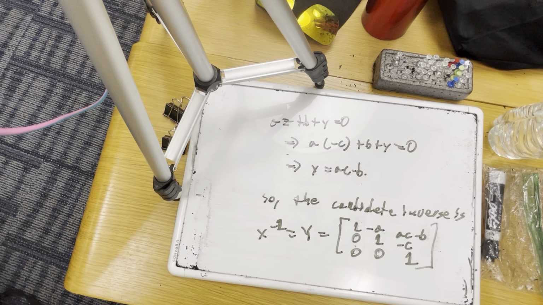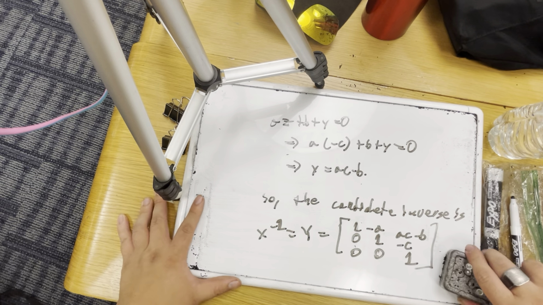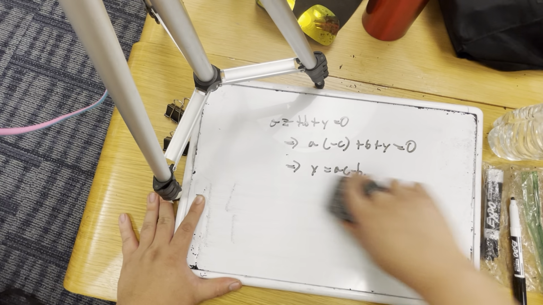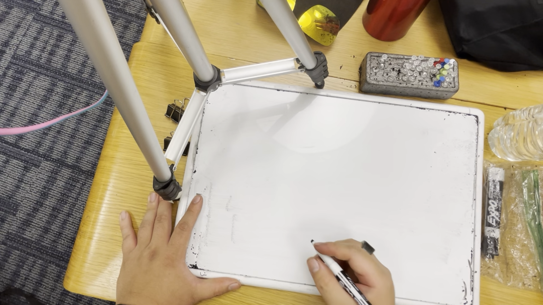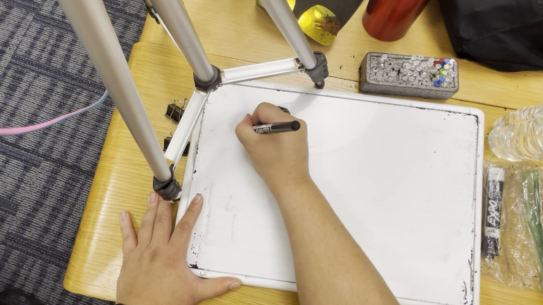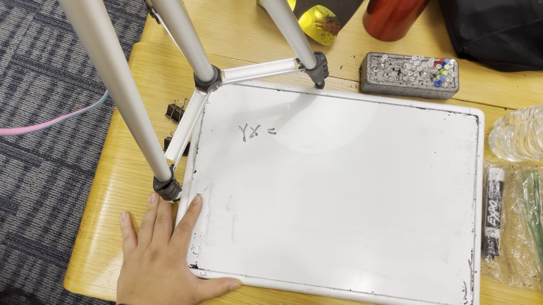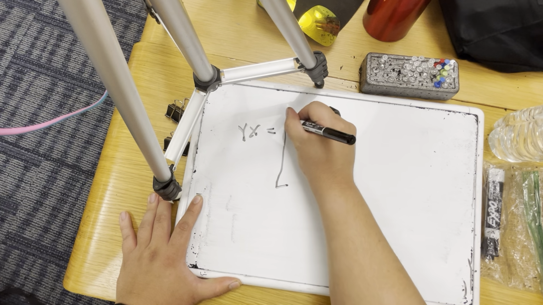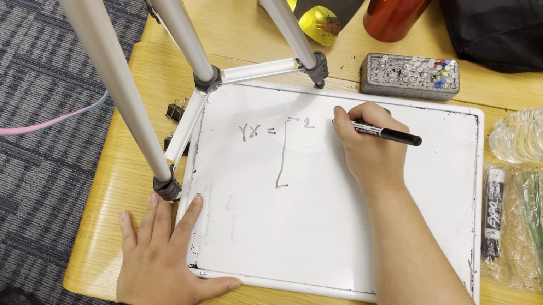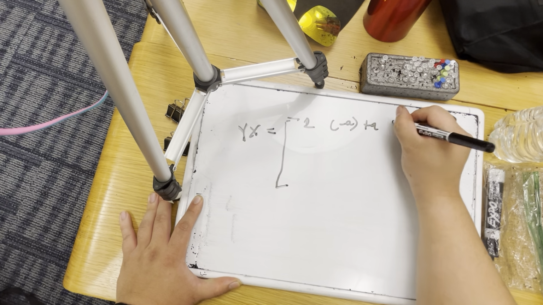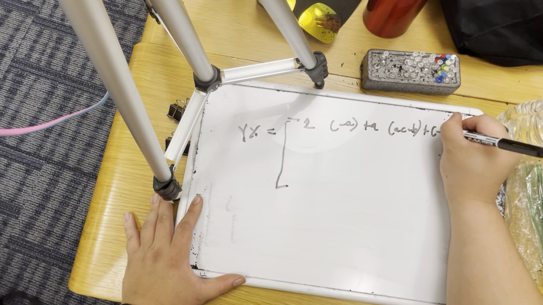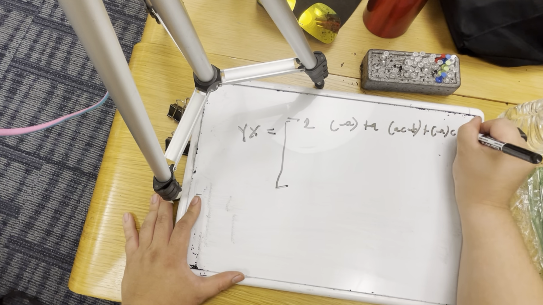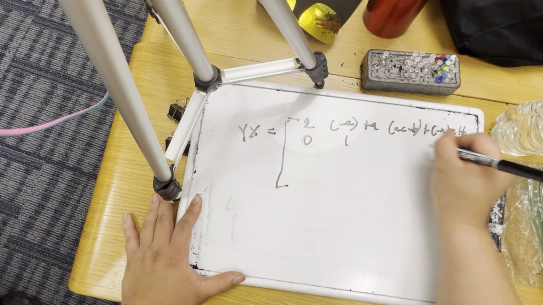So let's verify it from the other direction to make sure. Okay, let me just erase this. And what then do we have? Well, y times x at the end of it, which you'll find: 1, open parentheses negative a close parentheses plus a open parentheses ac minus b close parentheses plus open parentheses negative a close parentheses c plus b, and then 0, 1, negative c, okay?